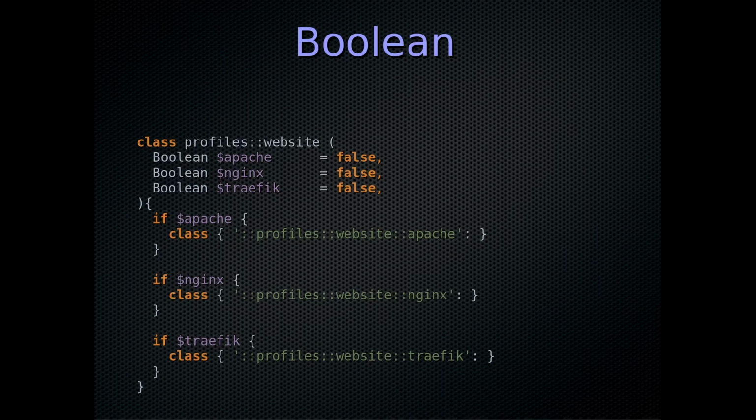By simply allowing teams to switch on or off their favorite web server in Hiera, we allow them to select this new technology. It also allows the central teams to very easily check in Hiera what teams have enabled other web servers, the non-standard web servers.